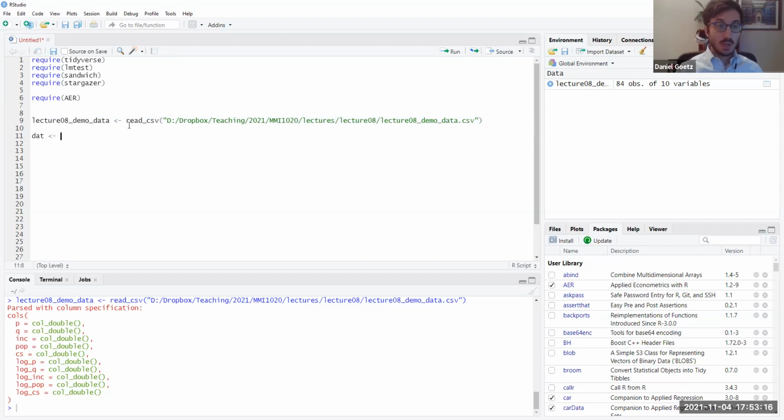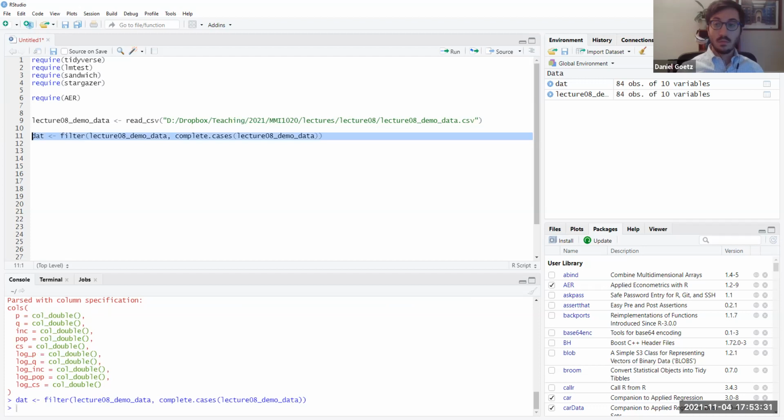So let's make sure that we're using the complete version. Okay, it's exactly the same. So no missing data in any of the observations here.